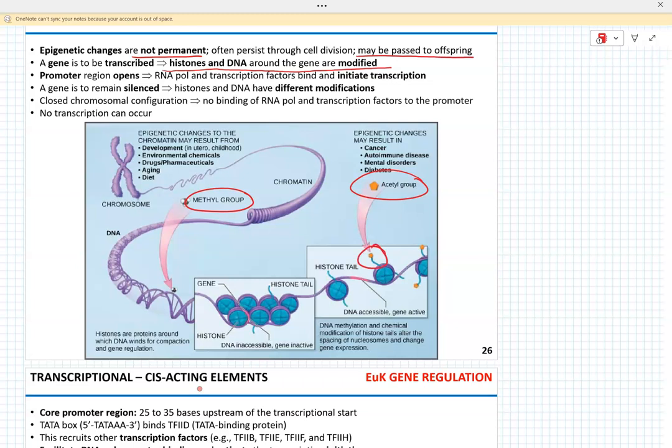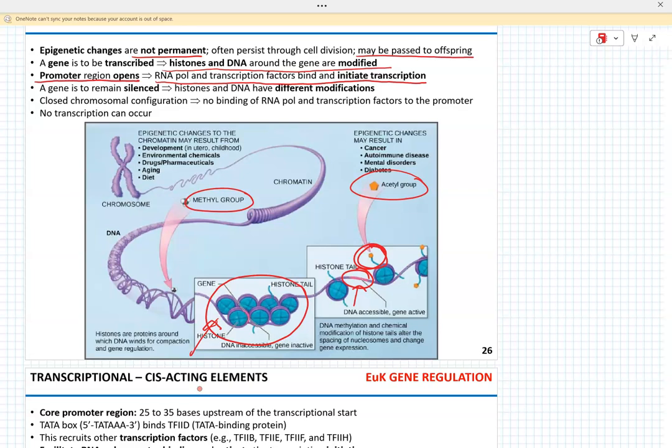You can see here in this illustration that deacetylated histones have tightly packaged DNA around them, but acetylation allows the DNA to become accessible for transcription. When histones are acetylated and DNA is demethylated, the promoter opens so that RNA polymerase and transcription factors can start transcribing the genes.